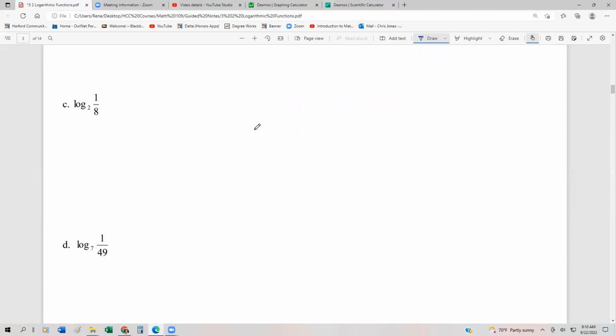A couple more examples. We don't like fractions a lot, but we're going to deal with them. Our base is 2, and we set this equal to x. This means that with a base of 2 and exponent of x, 2 to the x equals 1/8. If we ever have a fraction like 1/8 or 1/16, we're going to introduce a negative exponent. So we rewrite this as 2 to the x equals 8 to the minus 1. Remember, a negative exponent can flip a fraction around.